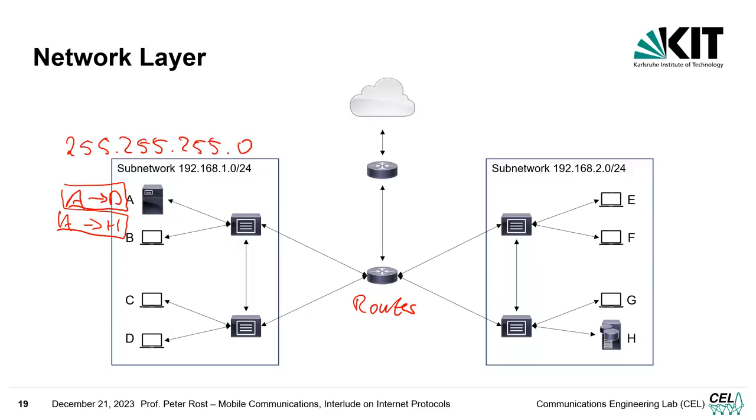And if A now knows the target address H, it takes the IP address of H and does a binary AND with the subnetwork mask. And if the result is not the own subnetwork, in this case, this one here, then A would know, okay, this target computer is not located in my own network, but in a different network.